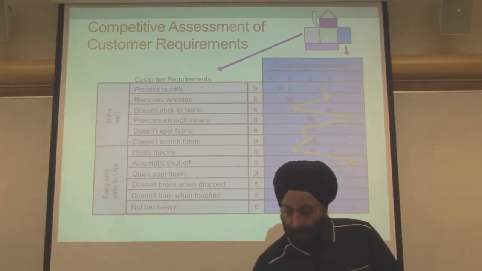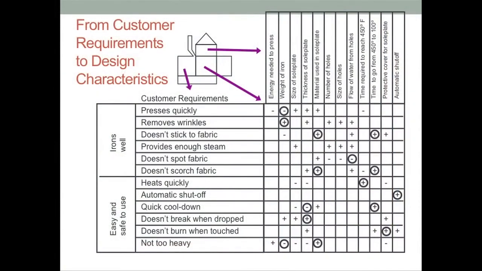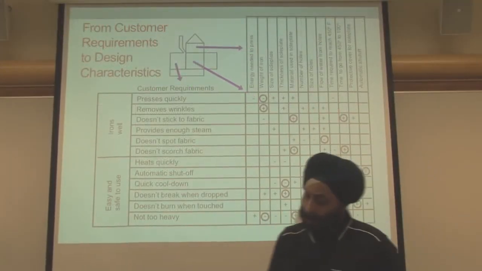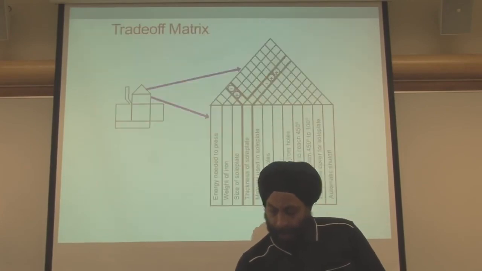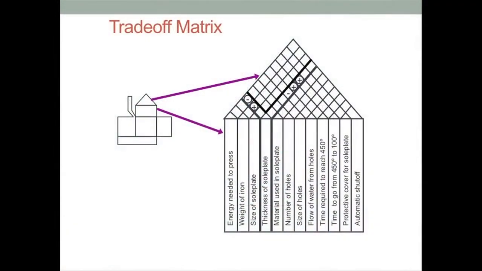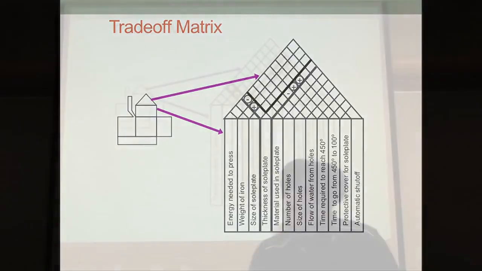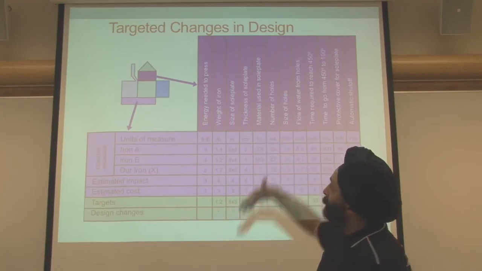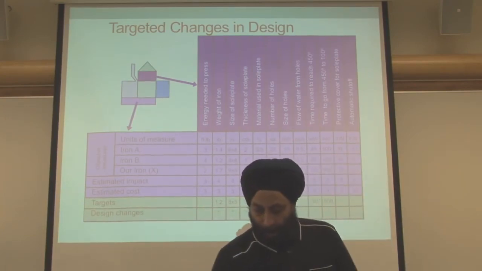So after those are done, you can see how what customers would like relates to the design criteria, and from that you can come up with how various design specifications relate to each other, and then based on that you come up with the specific target changes that are possible.